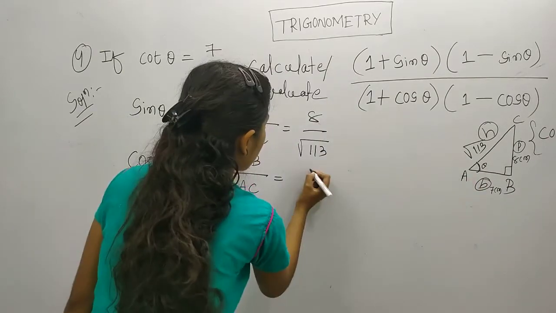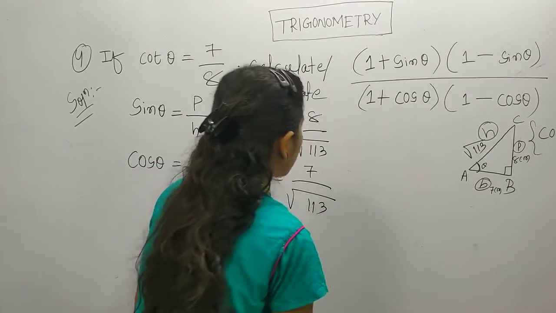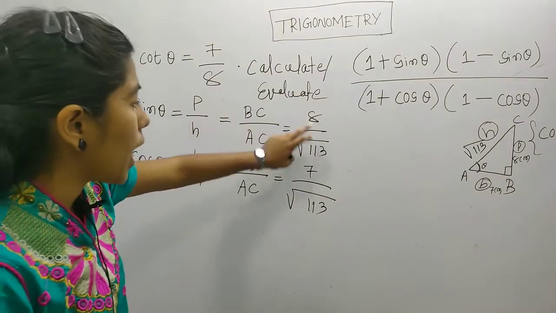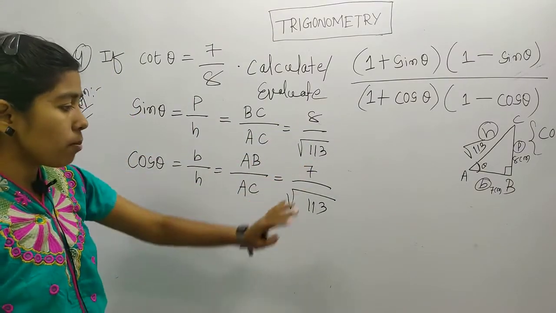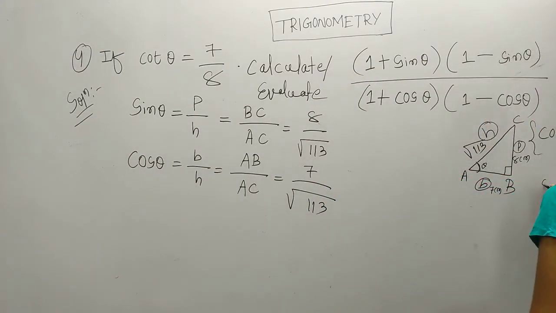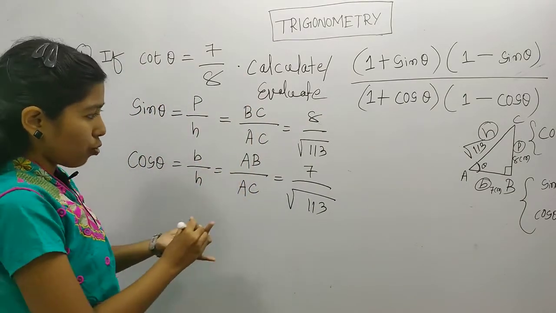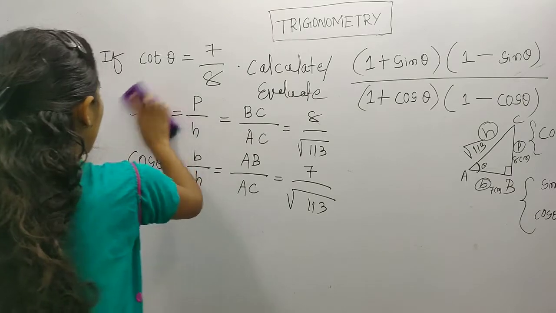AB is 7 by AC is root 113. So sin theta came 8 by root 113 and cos theta came 7 by root 113. Here we will note that sin theta equals 8 by root 113 and cos theta equals 7 by root 113. So in the notes you can note it on the side. Okay. So I will erase it. Next, see what we will do.